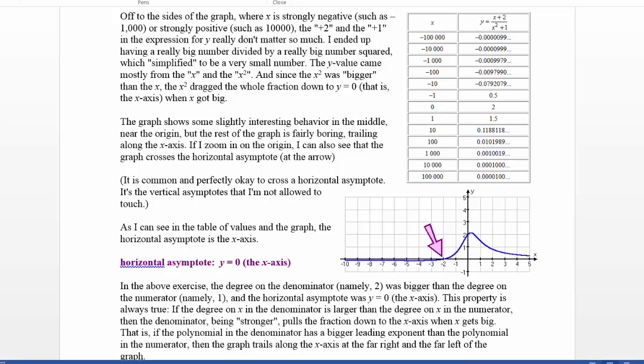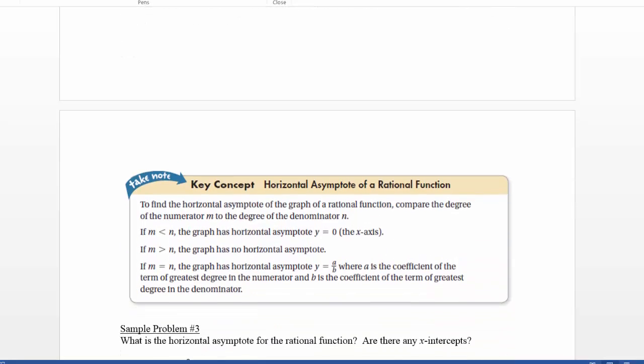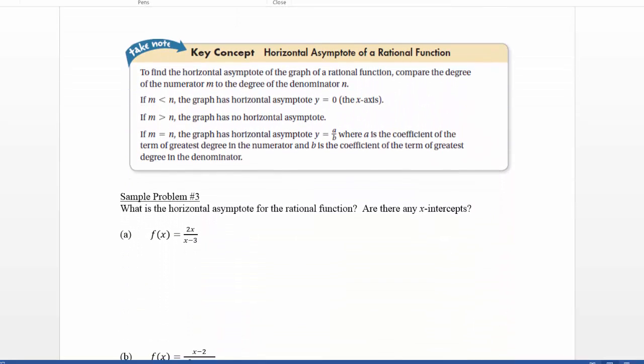So reading through this explanation on your own time and getting a better thorough understanding of this would be a good idea. Now, the information here leads us to come up with a set number of rules, if you will, that help guide our understanding of horizontal asymptotes.